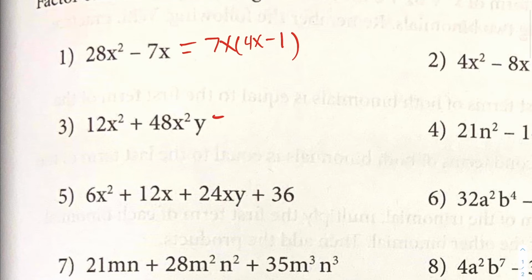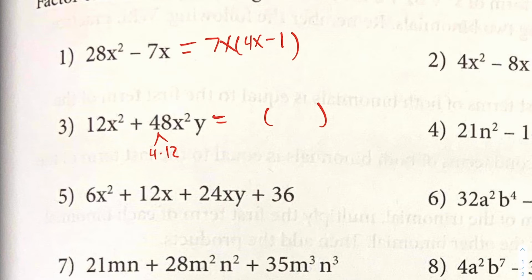Now, 12x squared plus 48x squared times y. How could we grab a factor that's in common to both of these things so that it just looks a little different but is equivalent? 12 has the number 12. 48 can break down into 4 times 12.